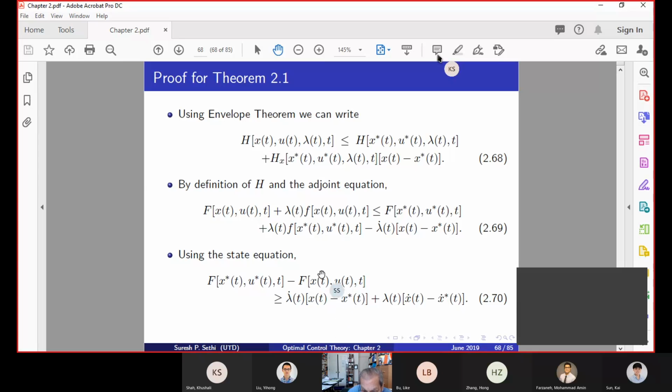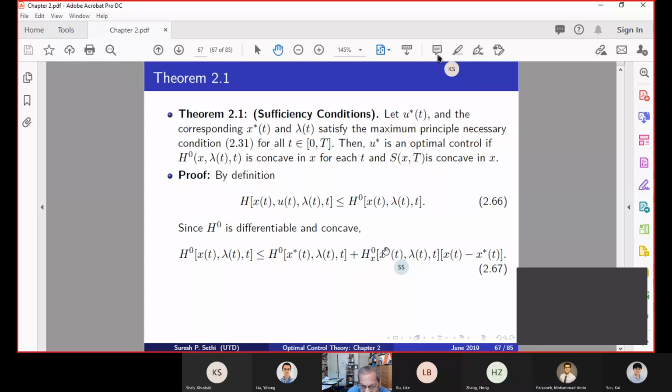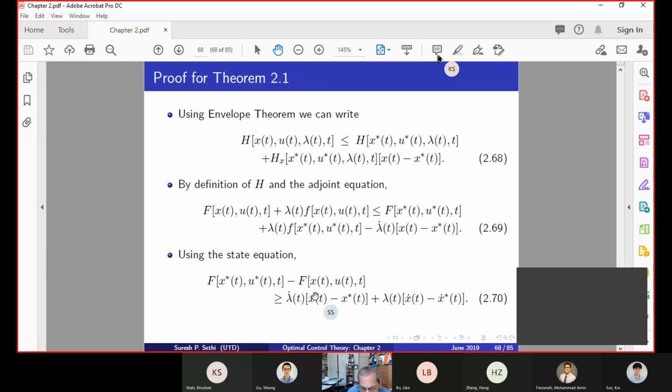I can write this as a d of lambda x. When I take the integral of this side, I get the objective function at the optimal trajectory and the objective function at any other place. And I take the derivative of this side.